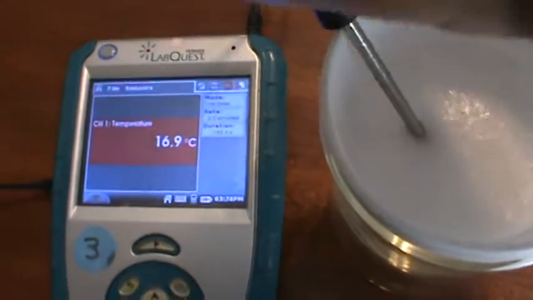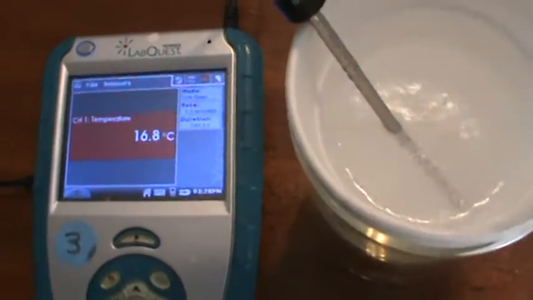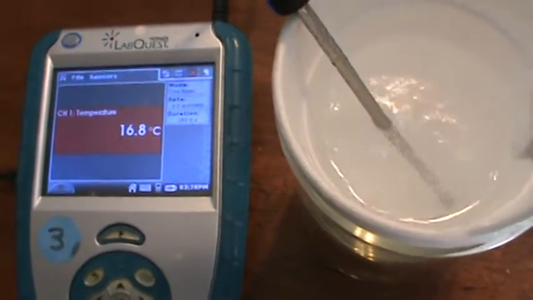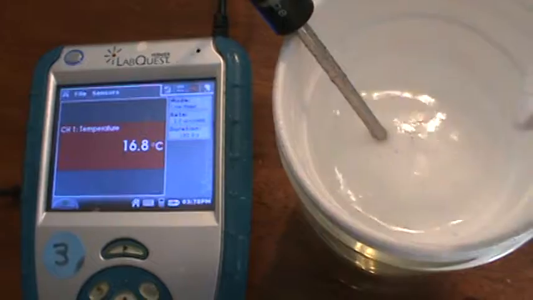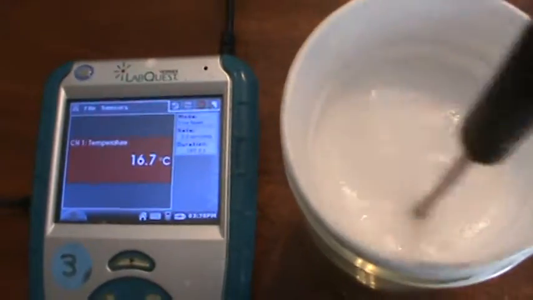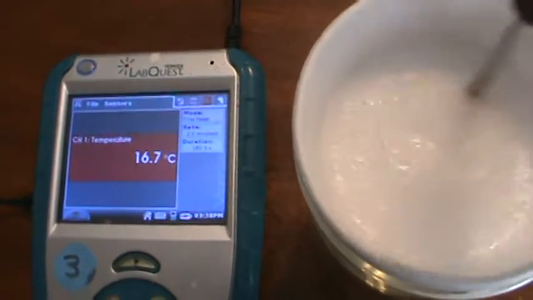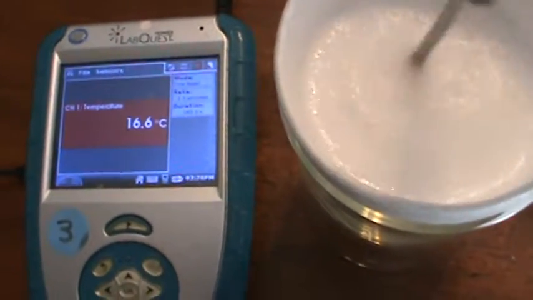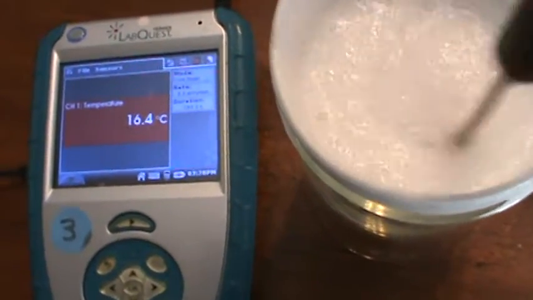So this temperature change that we're seeing as the temperature decreases means that our system is removing heat from our surroundings, okay?